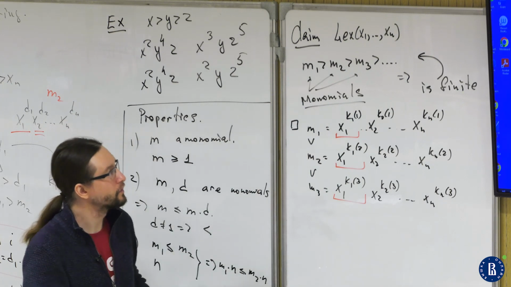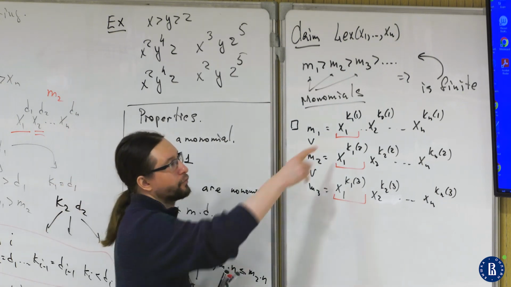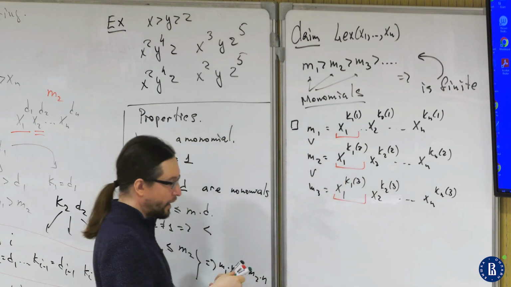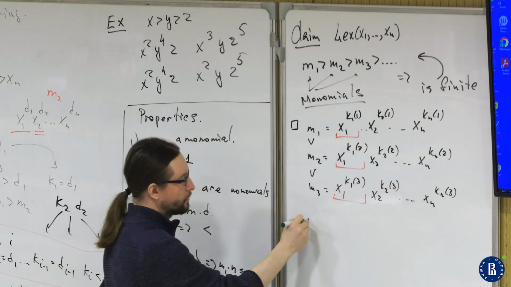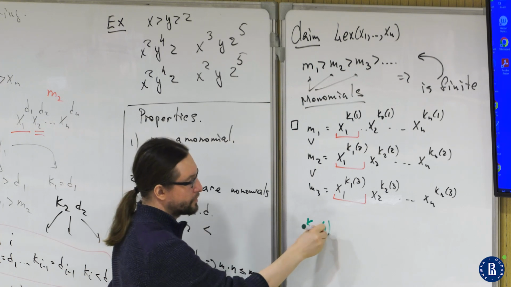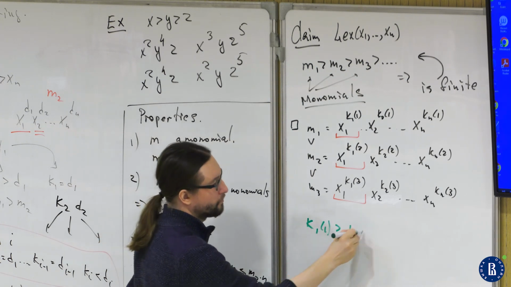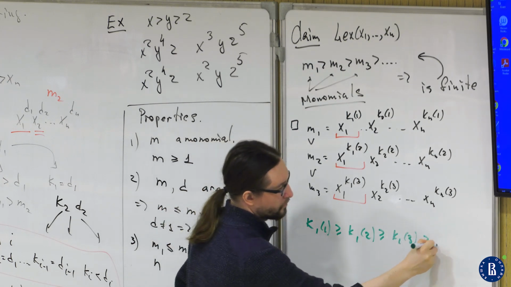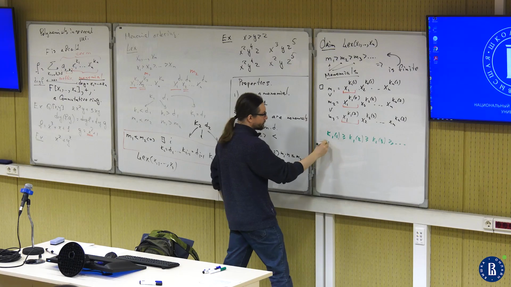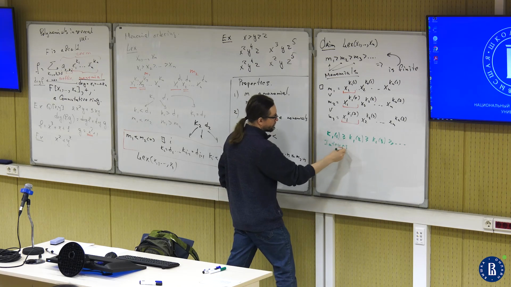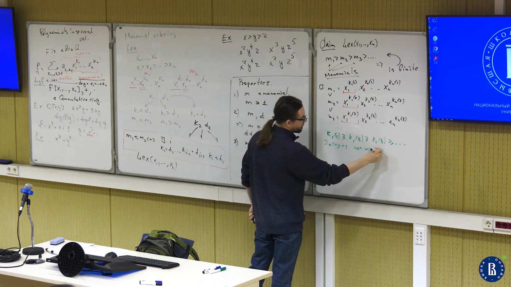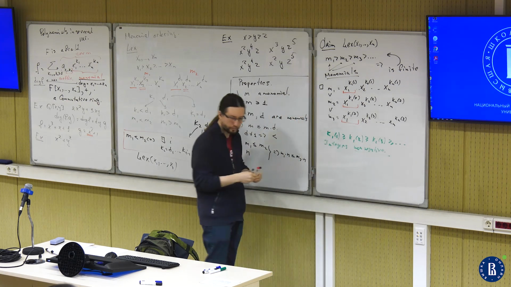In particular, for the numbers k1(1), k1(2), k1(3), we have a non-increasing sequence of non-negative integers.